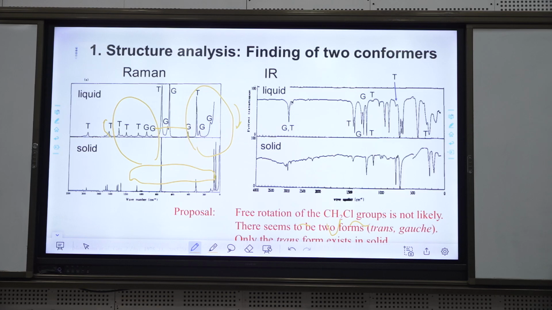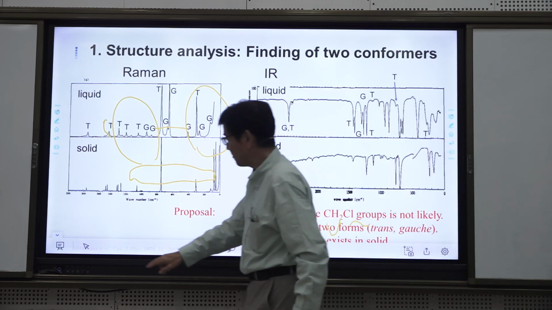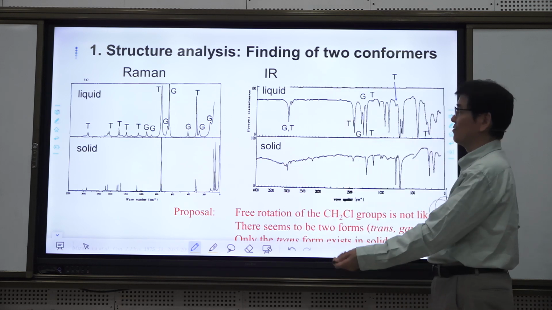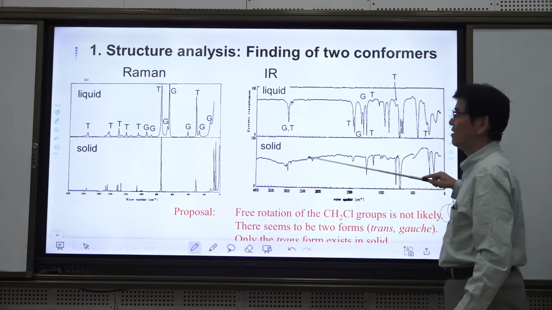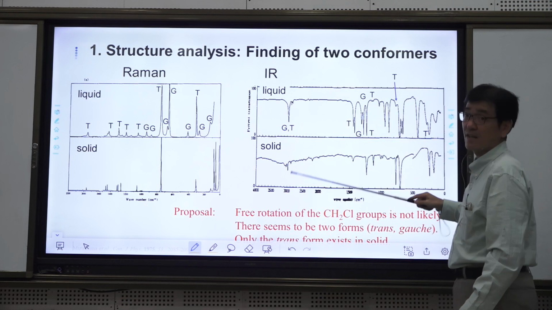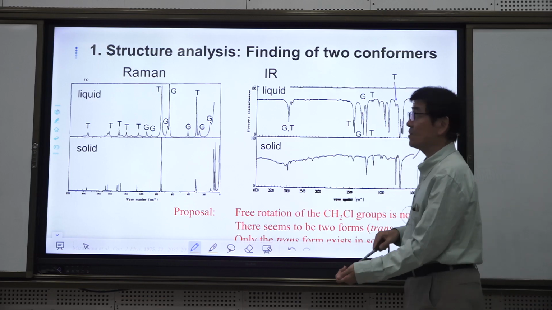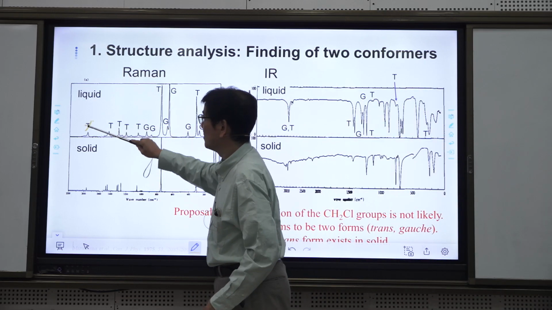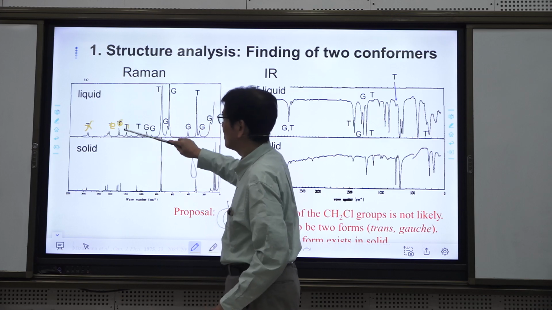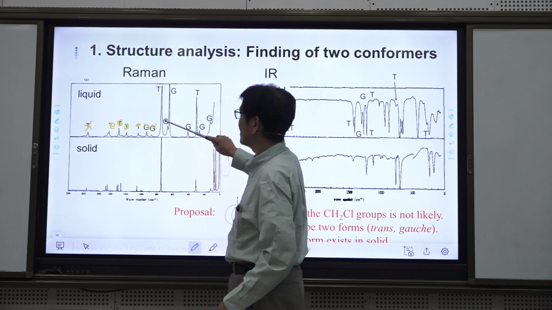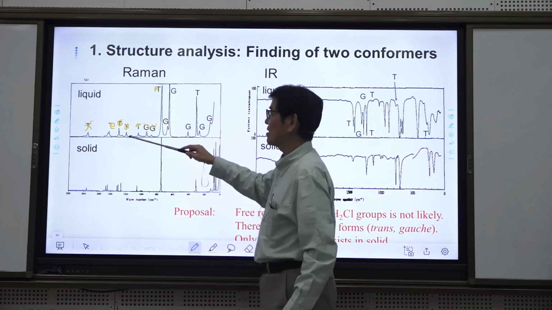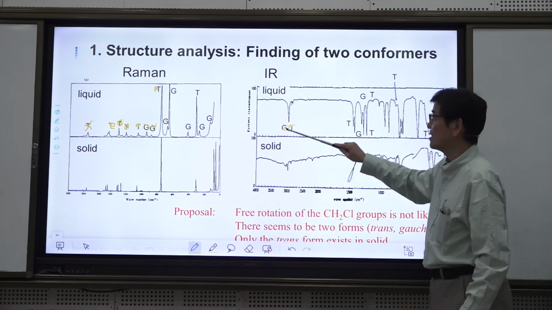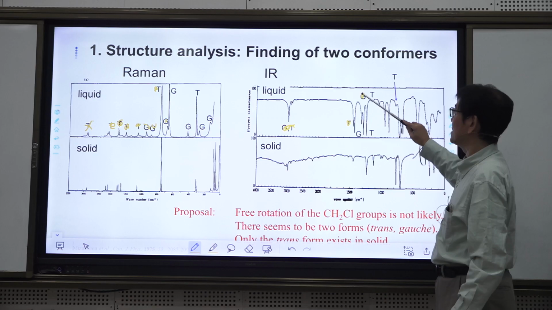Historically, this observation was made first. At that time, there was no knowledge about the peak assignment. They didn't know what this was. But anyway, there is an observation. Some peaks disappear. So there is no knowledge which peak is which conformer.